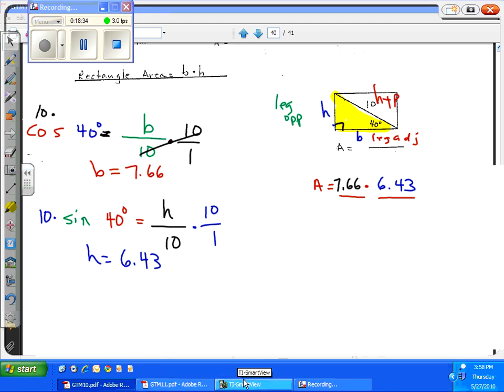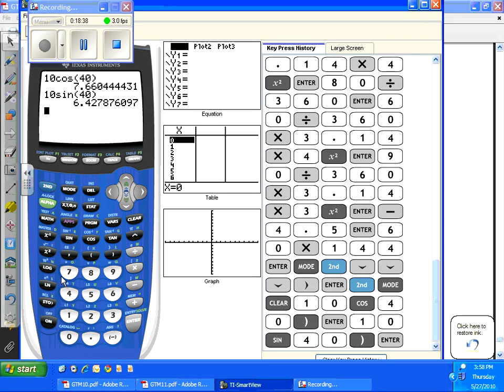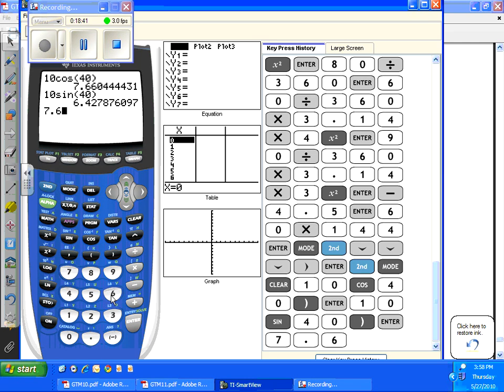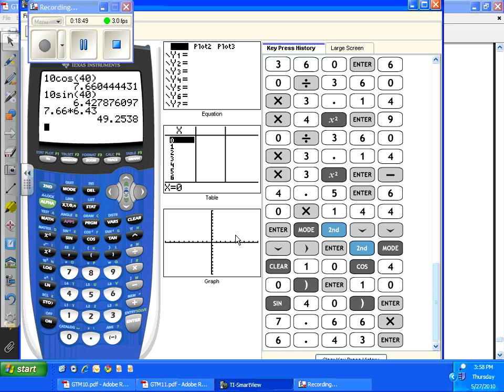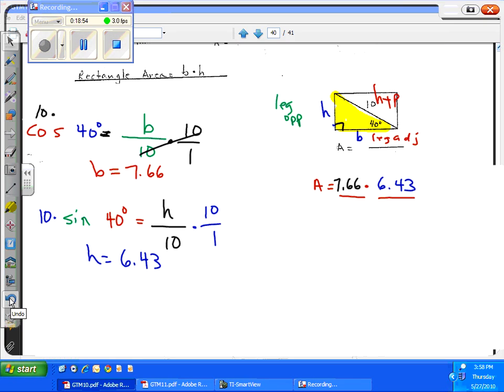Now we're going to find the area, 7.66 and 6.43. $49.25 rounded.